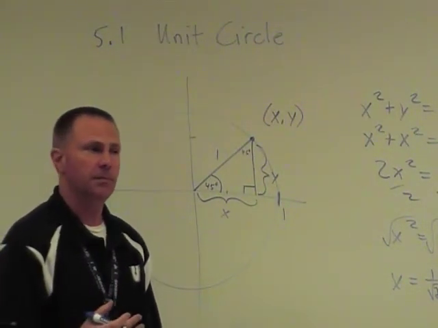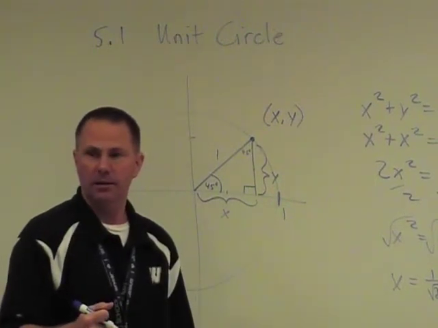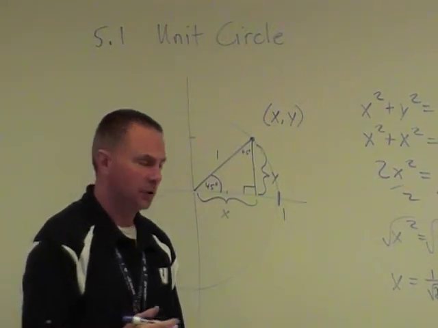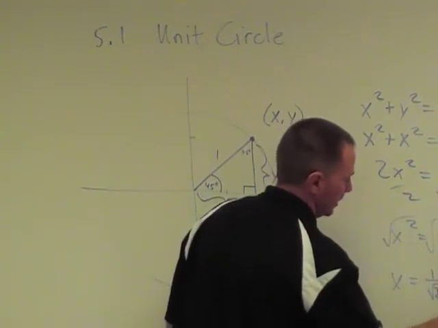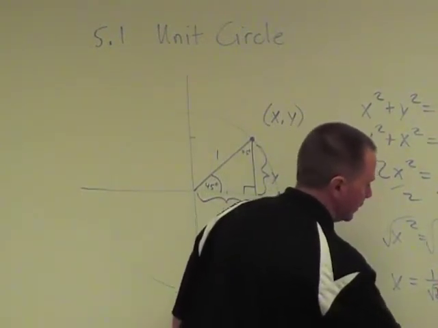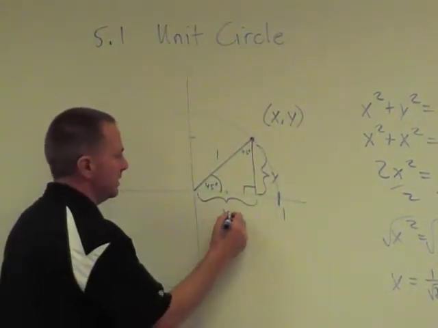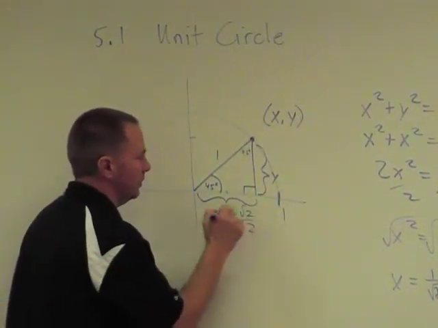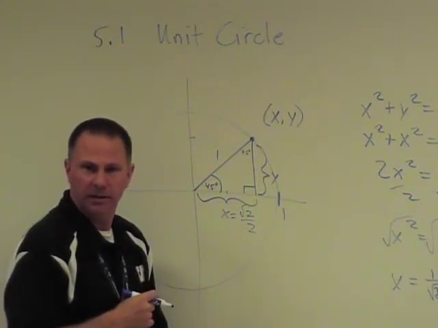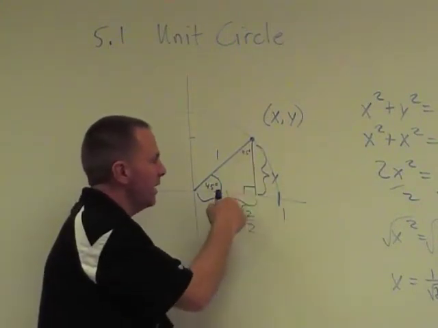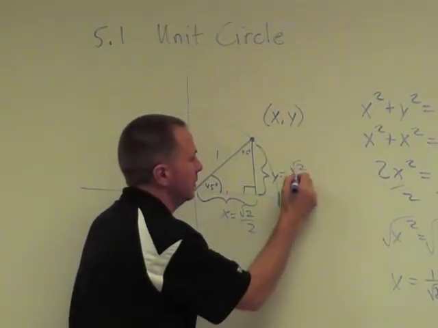How do I do that? Multiply the top and the bottom by the square root of 2. And I get radical 2 over 2. That is what x is. The square root of 2 over 2. And again, you told me that y and x are the same. So y must be the square root of 2 over 2.